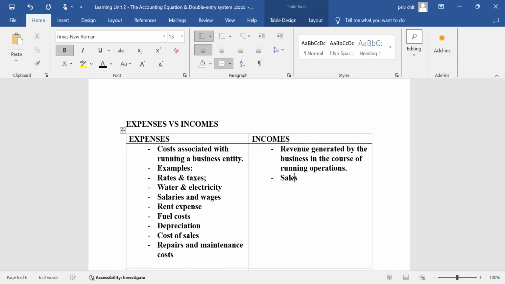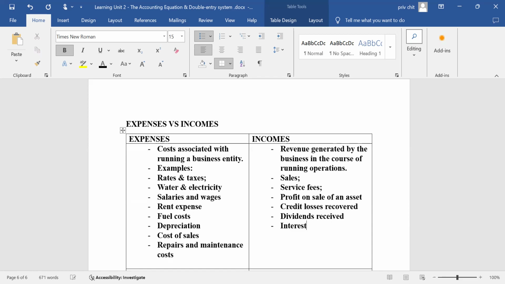Examples would be sales, service fees, profit on sale of an asset, credit losses recovered, dividends received, what else?